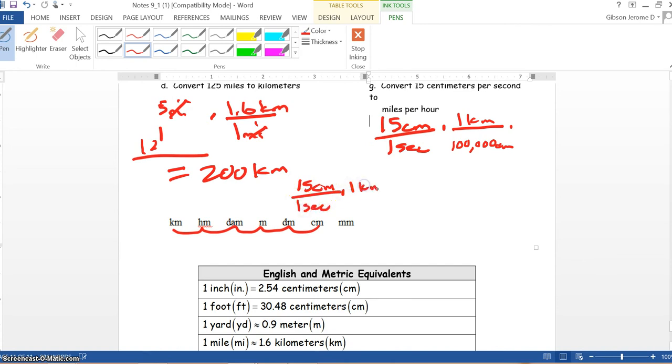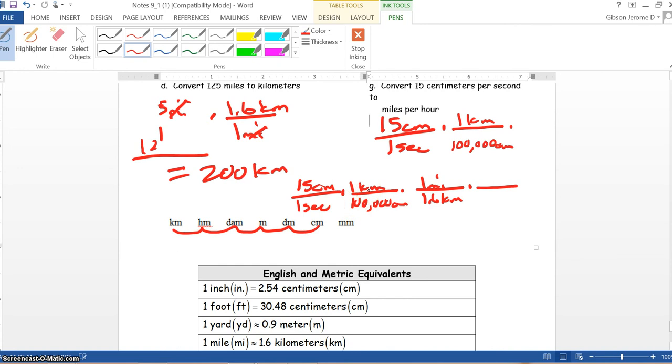So 1 kilometer over 100,000 centimeters. Now, we want to change this kilometers to miles. So it would take us 1.6 kilometers to equal 1 mile. And now we want to change our seconds to hours. Now what we could do is this here.